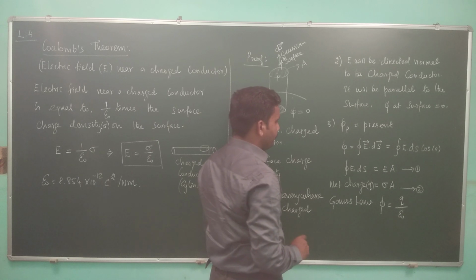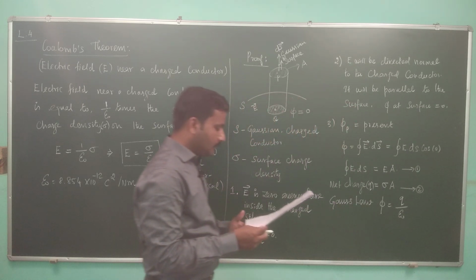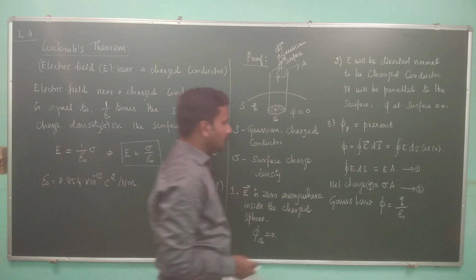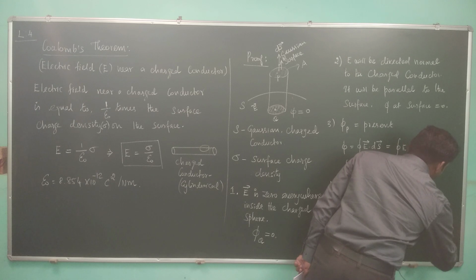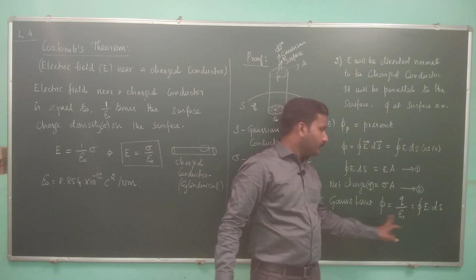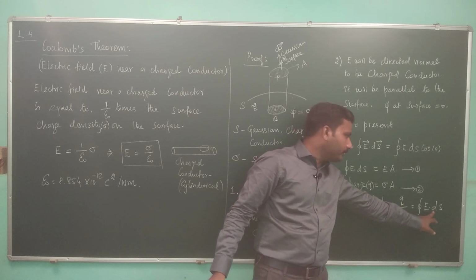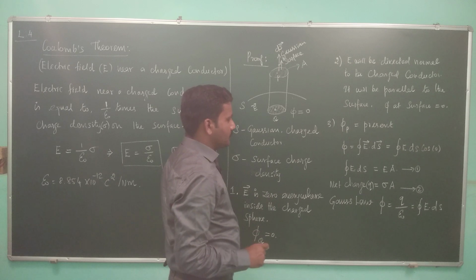This is the Gauss law. So according to Gauss law, phi is equal to the closed integral of E dot ds, which is equal to q by epsilon naught, which we have discussed. This is equation number 3.